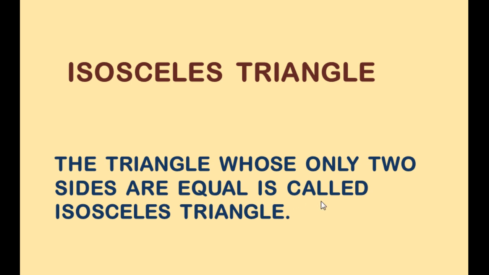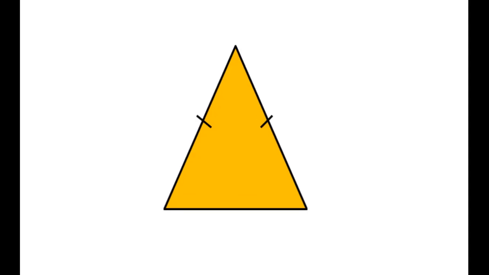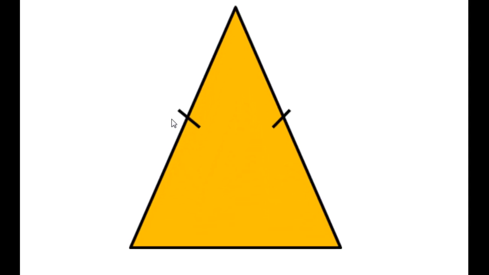So such a triangle is called isosceles triangle. So from the figure, here this side where the small black mark is given, this side is equal to this side. So sides with the black mark are equal. So such a triangle is known as isosceles triangle.